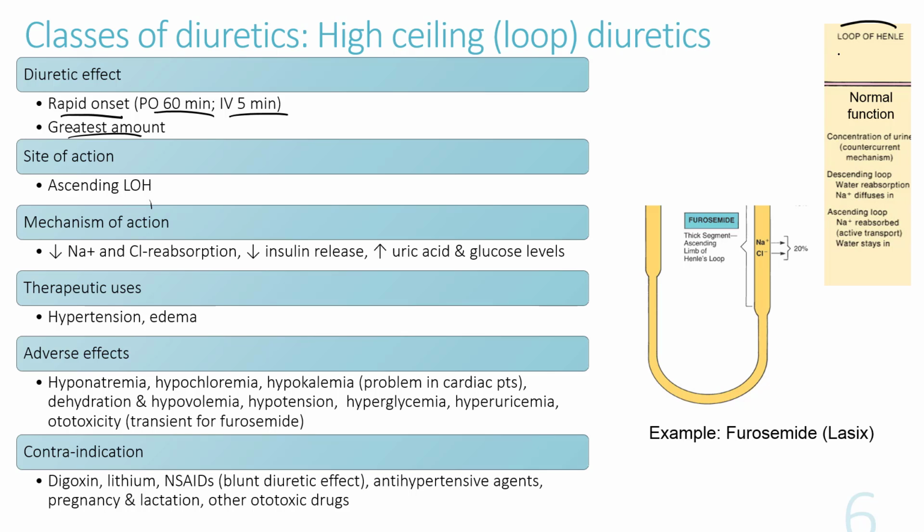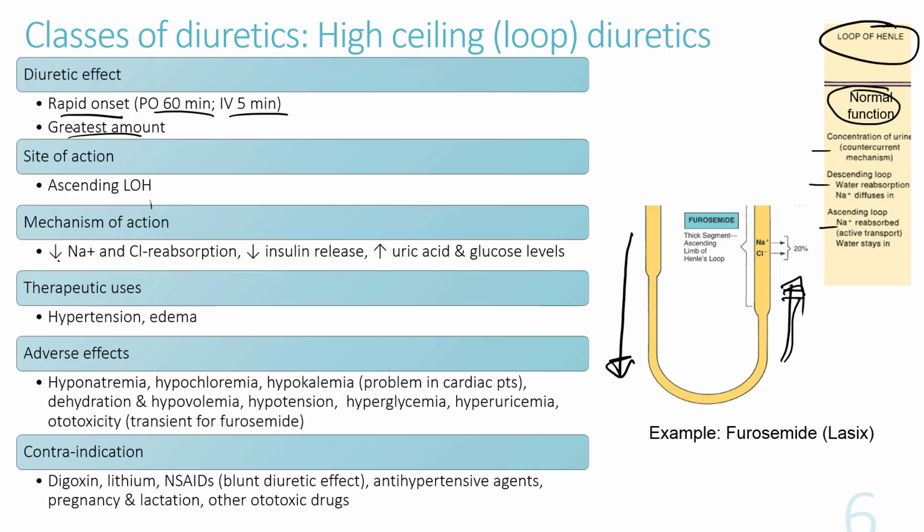It works on the loop of Henle, and here you've got what the normal loop of Henle does. It concentrates urine, it causes water reabsorption as well as sodium reabsorption. This is the site of action, the ascending loop of Henle. Remember, this is the descending, and this is the ascending loop of Henle.